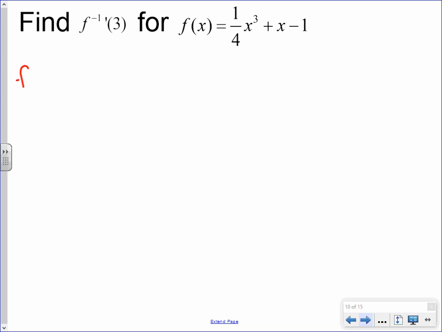F inverse prime of x is 1 over f prime of f inverse.